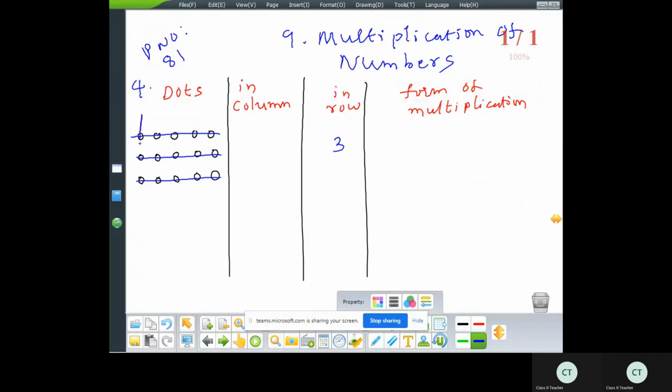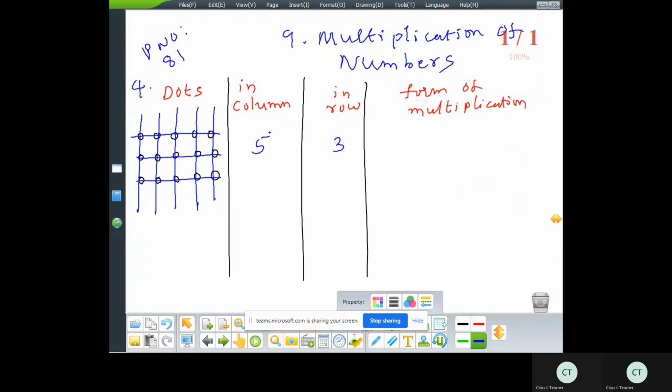Columns: 1, 2, 3, 4, 5 columns. Columns are 5, rows are 3.